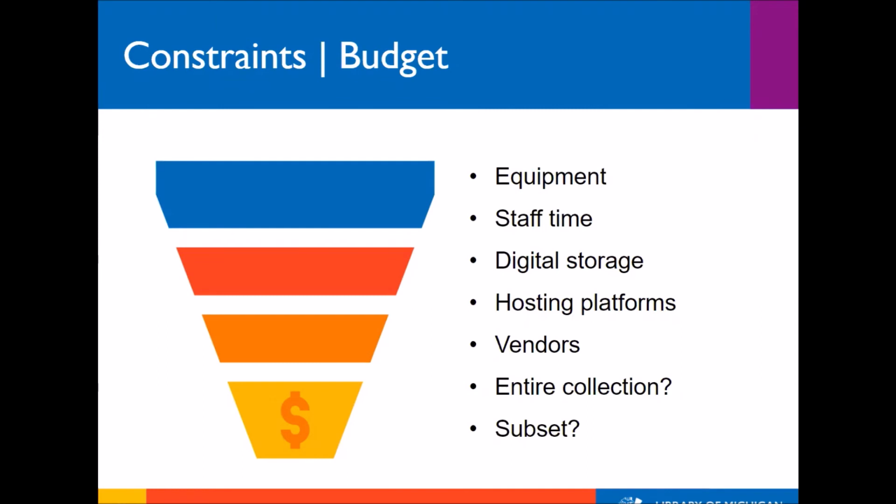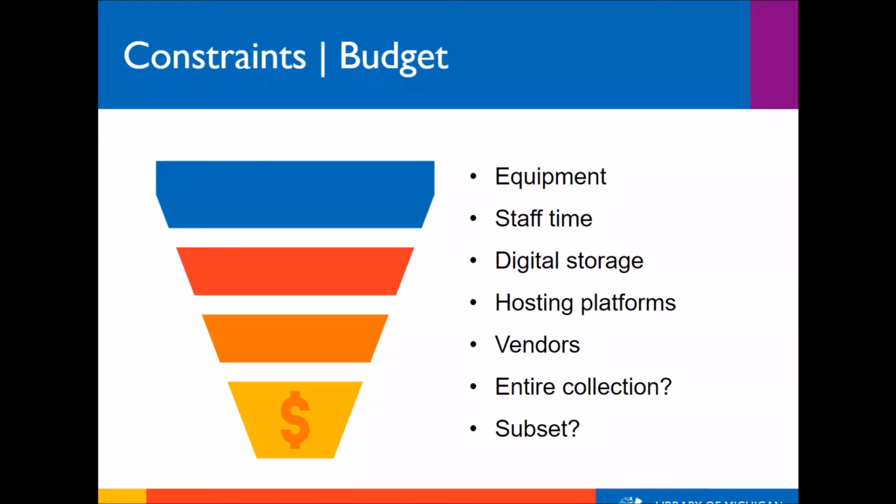Managing the project, preparing material, quality control once you receive files back, and digital storage and access systems all come with a price tag. If you're digitizing in-house, you'll have all of those costs plus the cost of equipment and staff time to digitize. If you're purchasing equipment, some scanners are significantly faster than others, so the higher price tag might be a worthwhile investment if it allows you to get more done in less overall time.